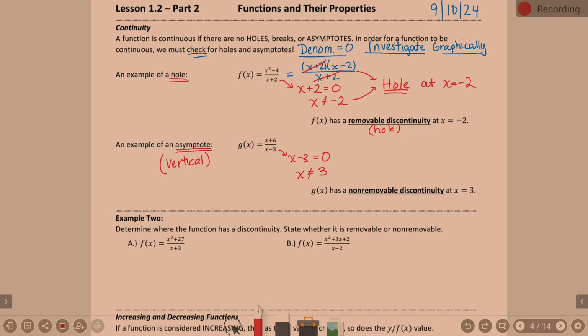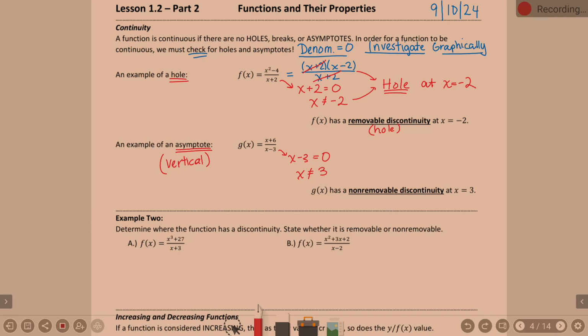With that in mind, what about that numerator? Is there any factoring that could be done? X plus 6, does that factor? No. No GCFs, no difference of squares. There's nothing that can cancel here.